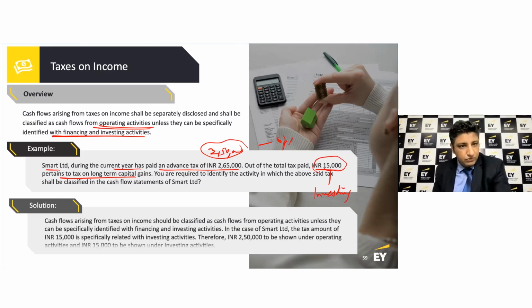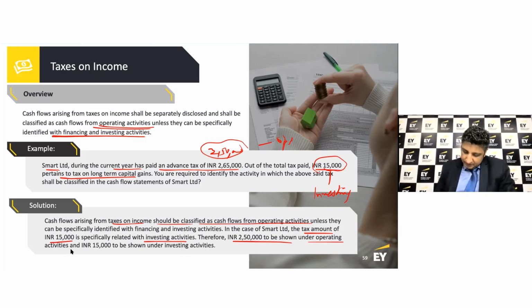As mentioned, cash flows arising from taxes should be classified as cash flows from operating activities unless they can be specifically identified with financing or investing activities. In the given case, the tax amount of 15,000 is related to investing activities. Therefore, the remaining amount, 2,50,000, should be shown under operating activities, and of course 15,000 has to be shown under investing activities.